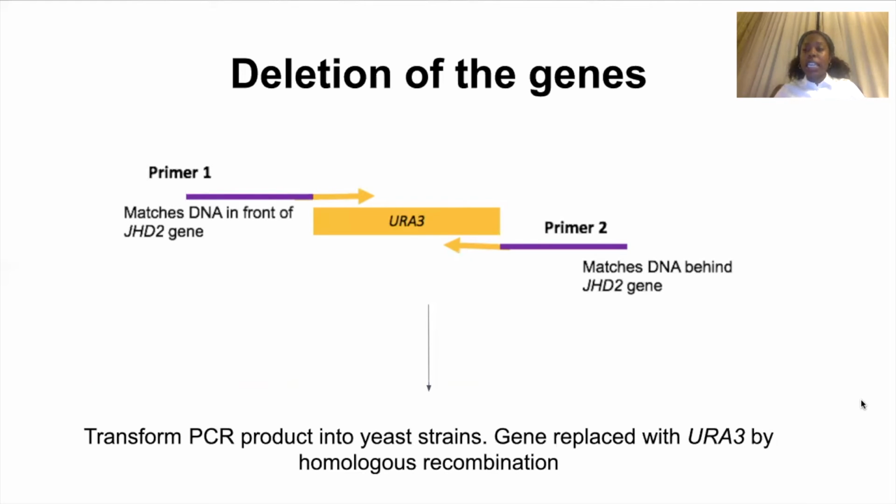As previously stated, first I planned to delete the genes by transforming a PCR product into yeast strains, replacing the gene with URA3 by homologous recombination.